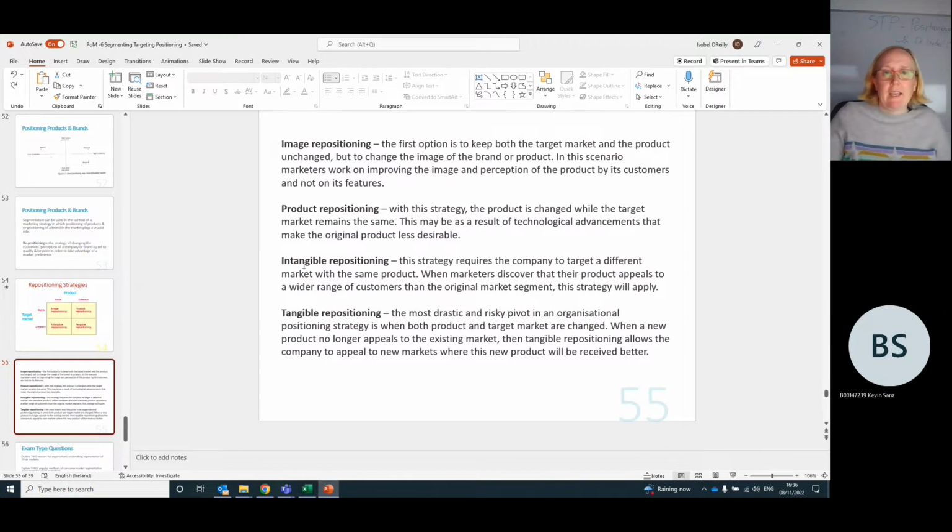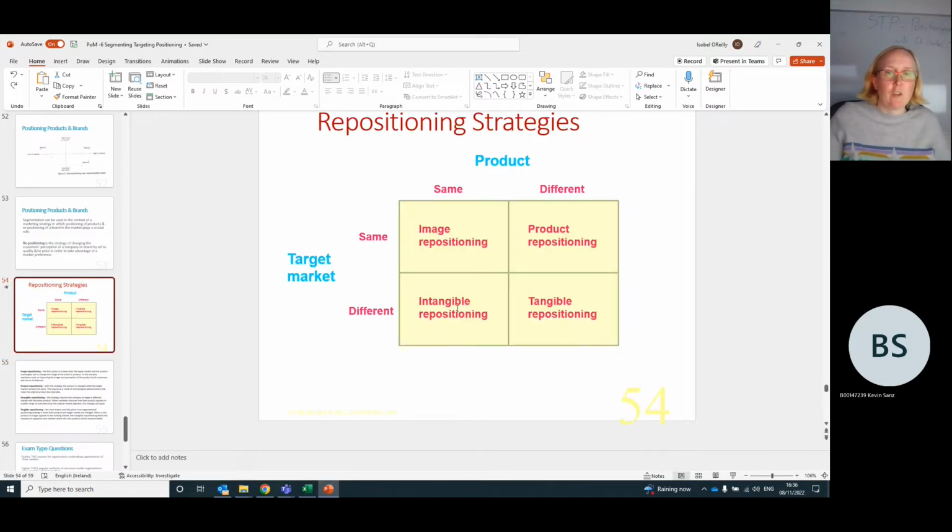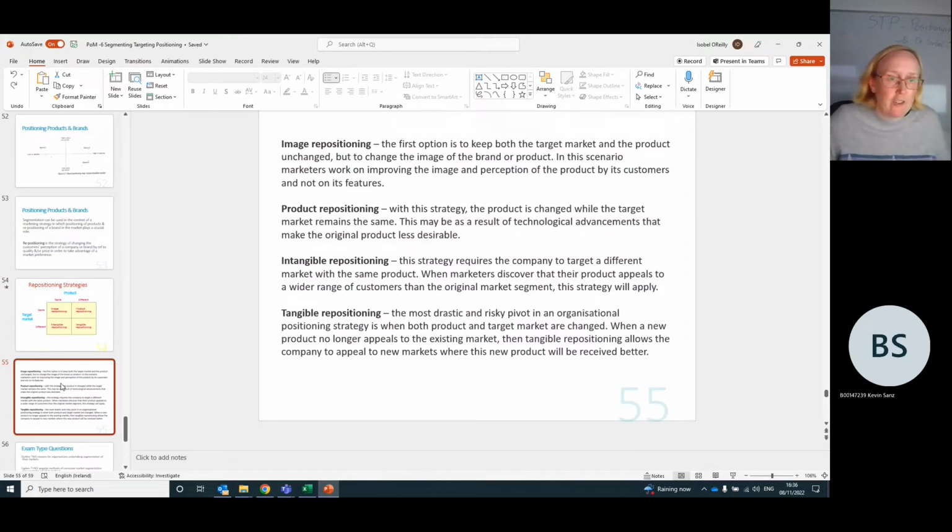And next, intangible repositioning. So we're talking about the Bulmers scenario in Ireland and across the world, actually, in their Magners brand. Intangible repositioning strategy requires the company to target a different market with the same product, so a different set of people. So it's not people who are looking for the cheapest alcohol available in the off license. It's people who actively want to drink this for the sake of drinking it.